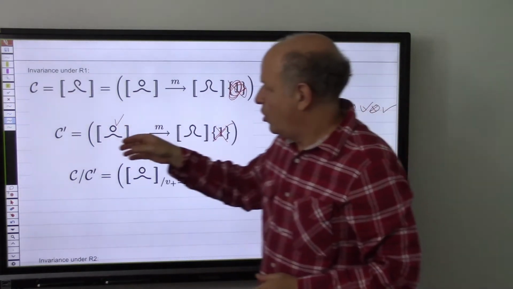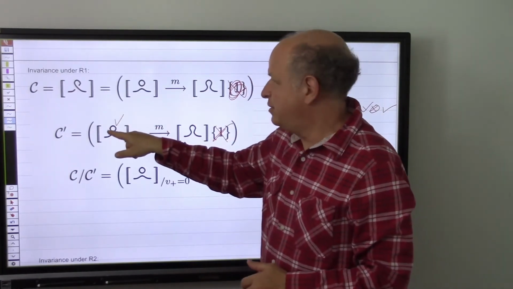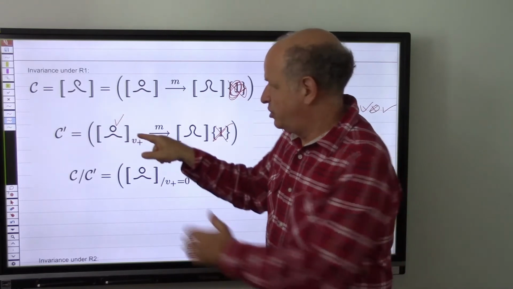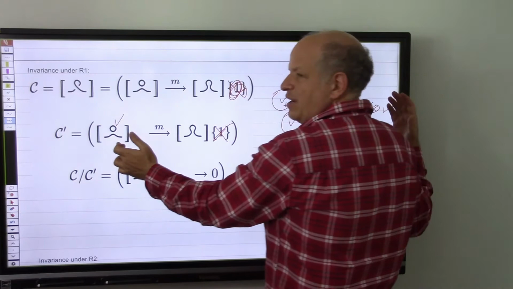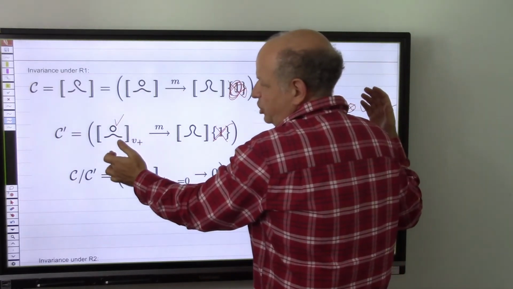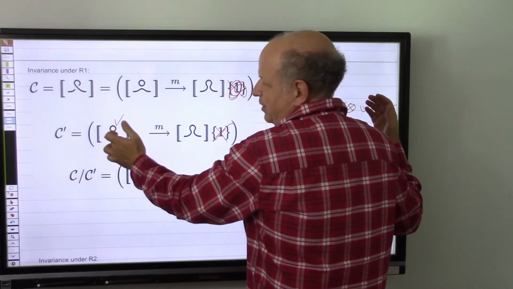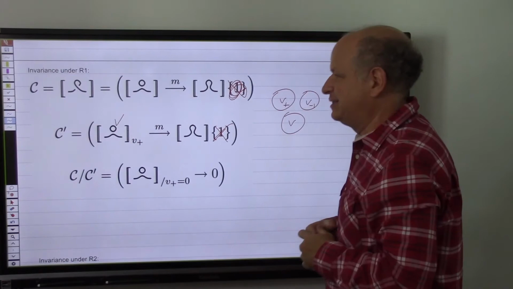And furthermore, all the other differentials within this cube on the left, which is really an n-1 dimensional cube, all of them have to do with other tensor factors. So they preserve the fact that this special tensor factor is labeled with V+.